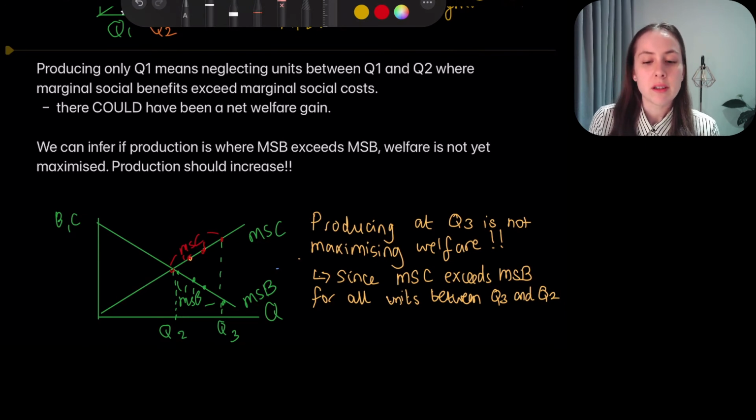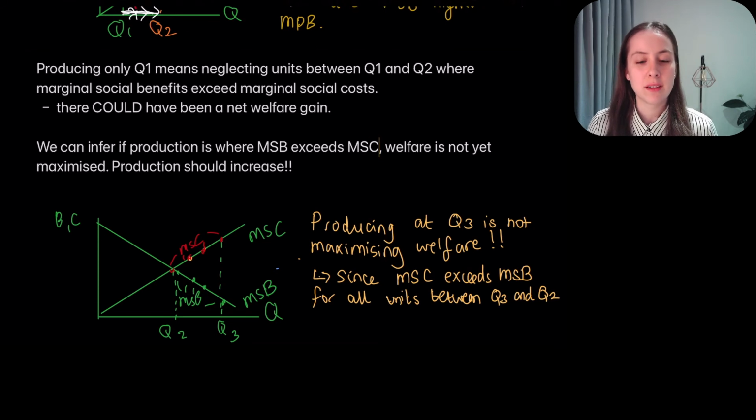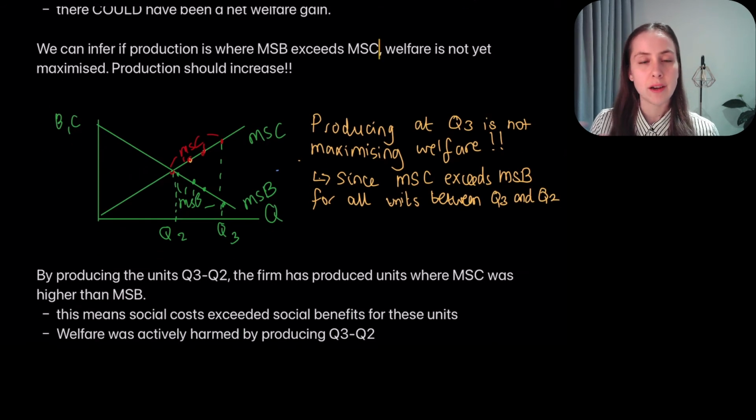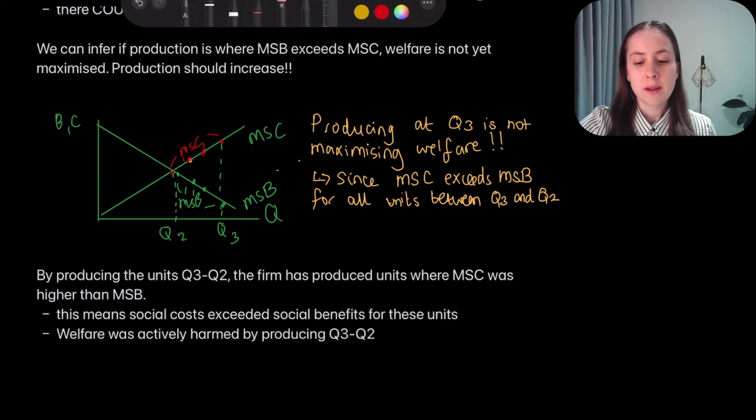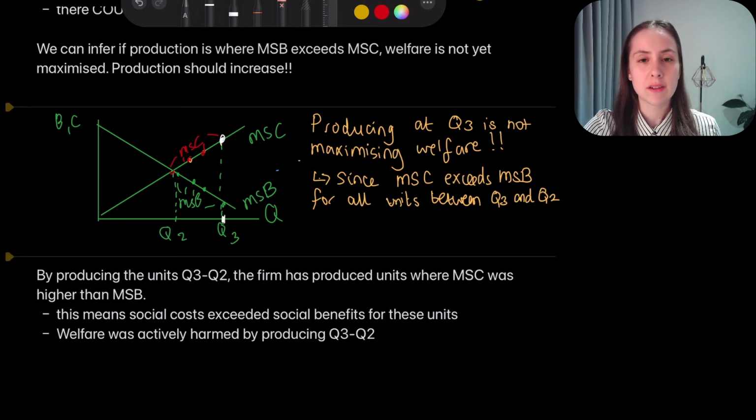So we can infer that if production is where MSB exceeds MSC, let me write that, welfare is not yet maximized. Production should increase. Let's take a look at this other example. Here we have Q3. Notice that at Q3, using this particular unit as an example, the costs to society are here.